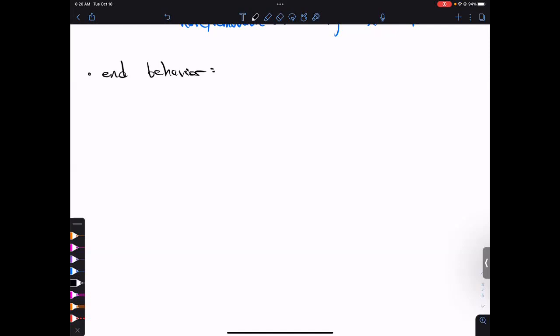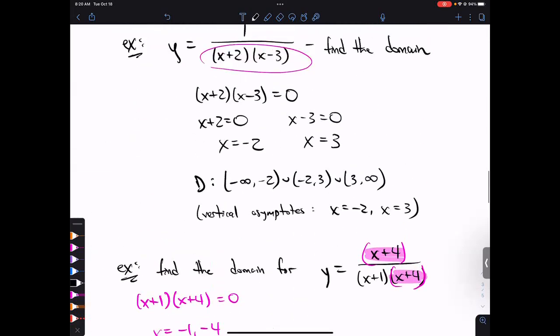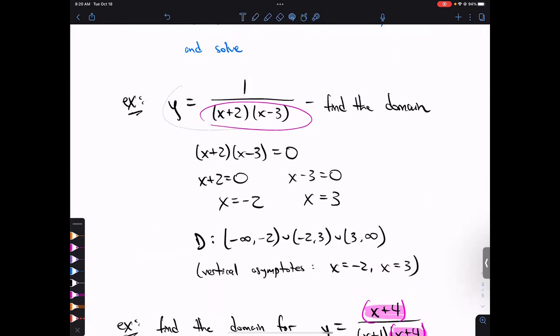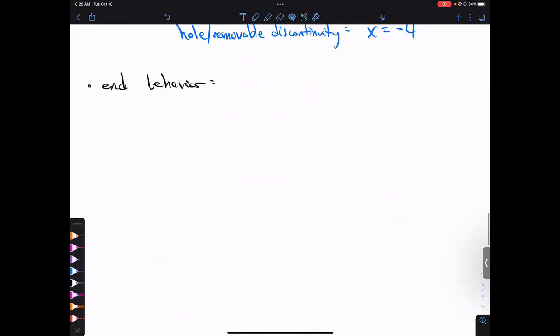For the end behavior here, we're going to do basically the same thing. We're going to look at the leading terms.